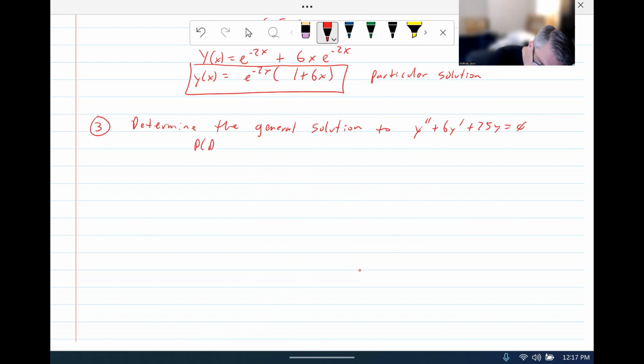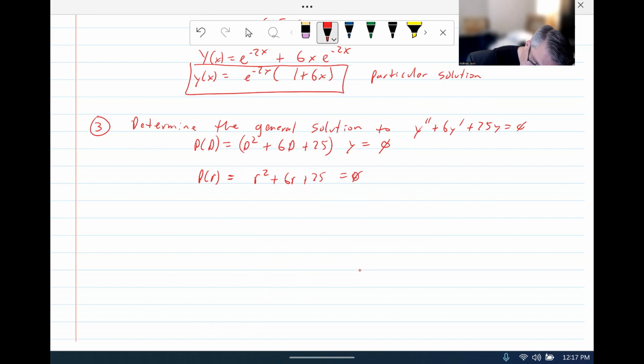Okay, so P of D is equal to, it's kind of a mouthful, D squared plus 6D plus 25 of y is equal to 0. And so if I take my auxiliary equation, that's r squared plus 6r plus 25 is equal to 0.